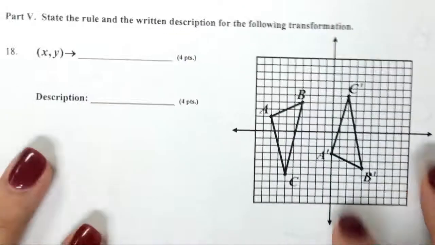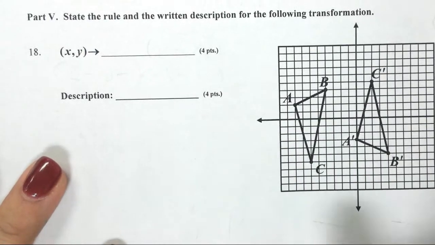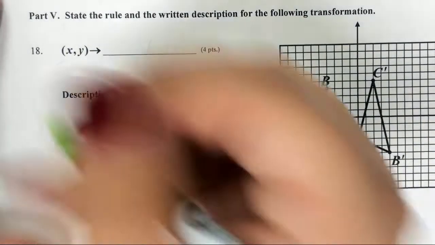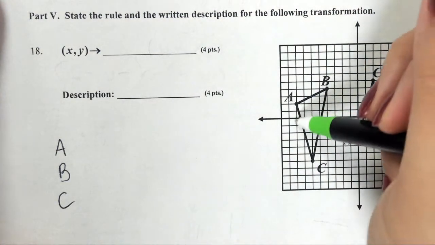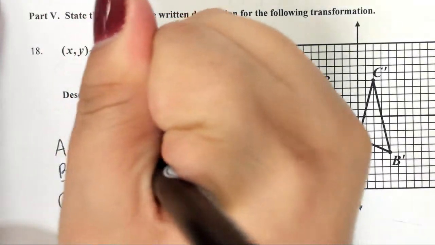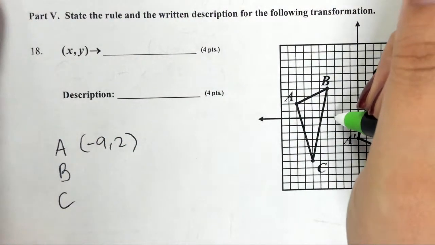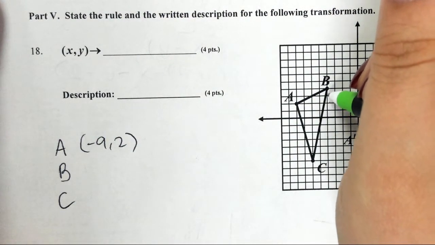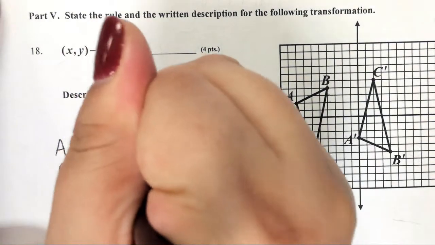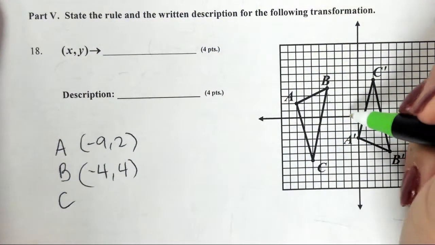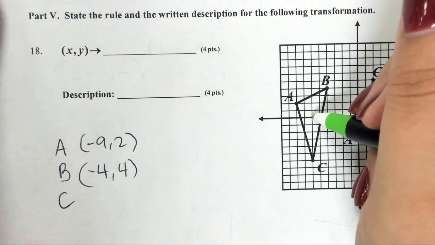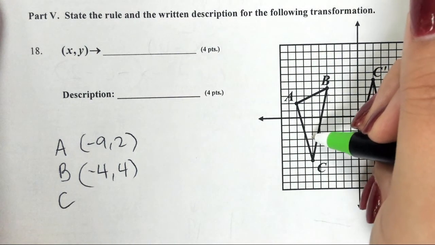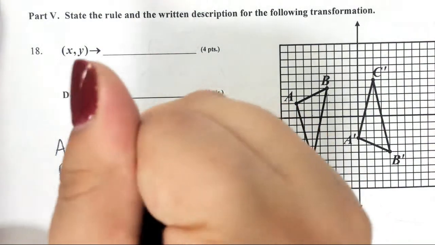All right, last one. This is probably the most difficult one for a lot of you. My suggestion when you get to these is to write out your points. A is at negative 9, 2. B is at negative 4, 4. And C is at negative 6, negative 6.